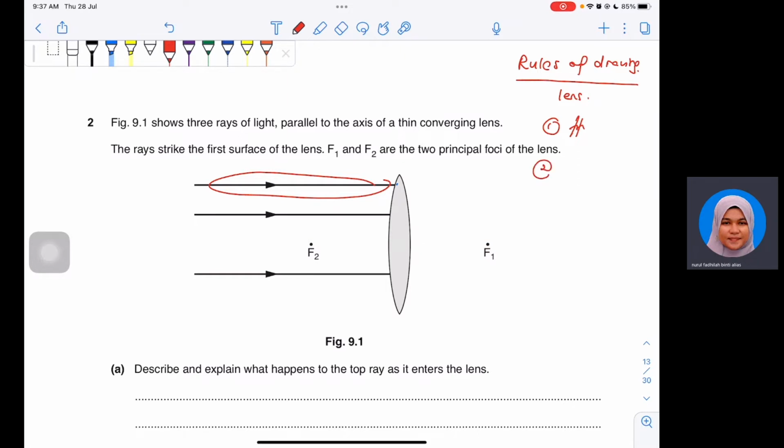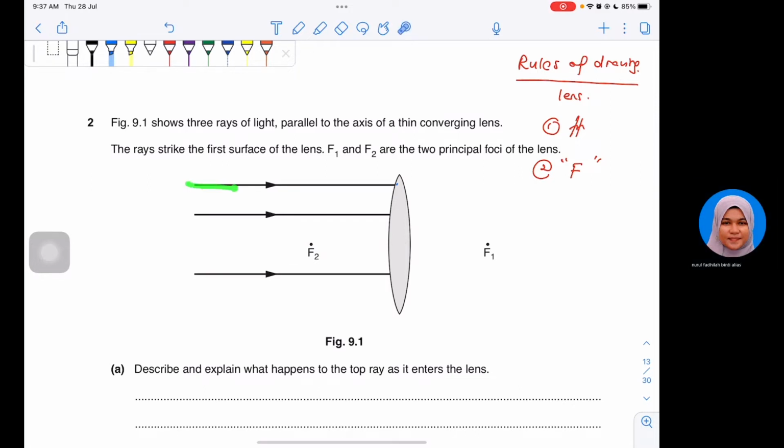When it's parallel, it will go to the focal point. I just use the symbol F. F means focal point. So we are talking about the same ray of light. So this is the light. Then later, something happens to it and it will bend towards the focal point.